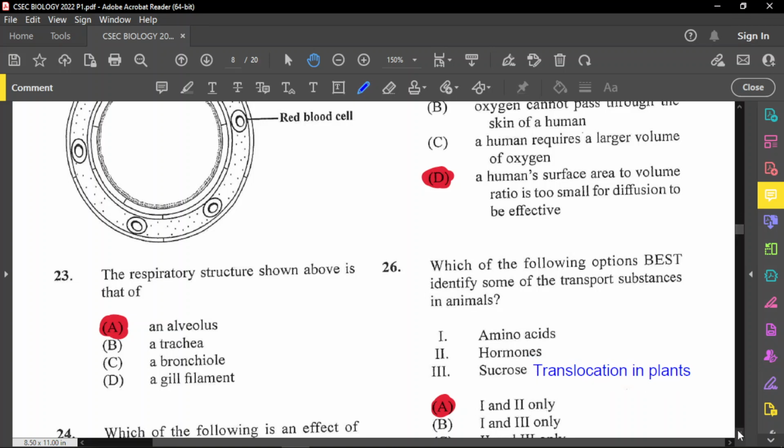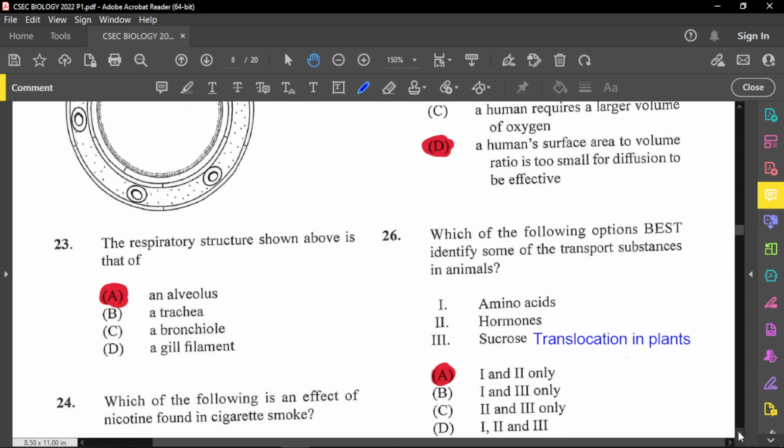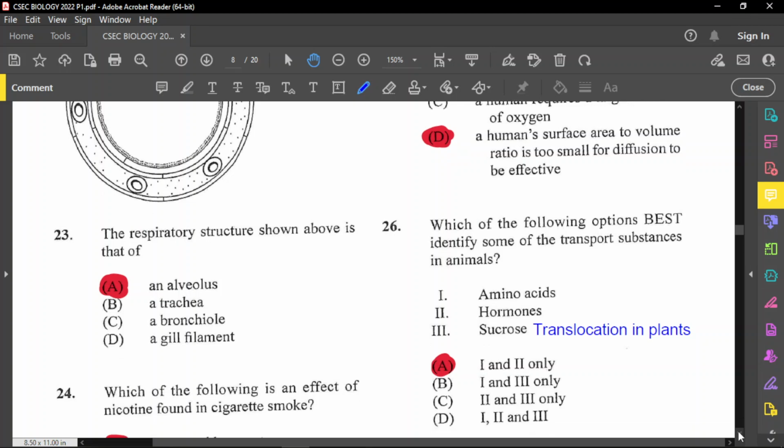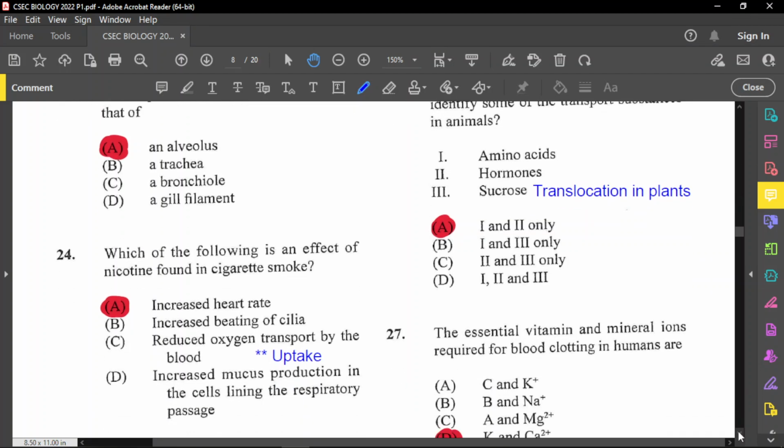And the purpose for the alveolus is for gaseous exchange between the lungs and the blood capillaries. And again, remember what you need to know about the alveolus or any respiratory surface is that they must have a large surface area, they must be thin, they must be covered with a lot of capillaries, and they also need to be moist. Okay, so those are features that enhance the effectiveness for gaseous exchange.